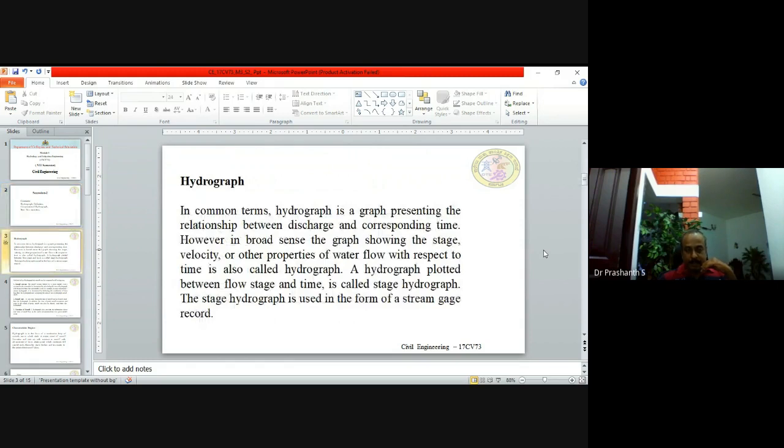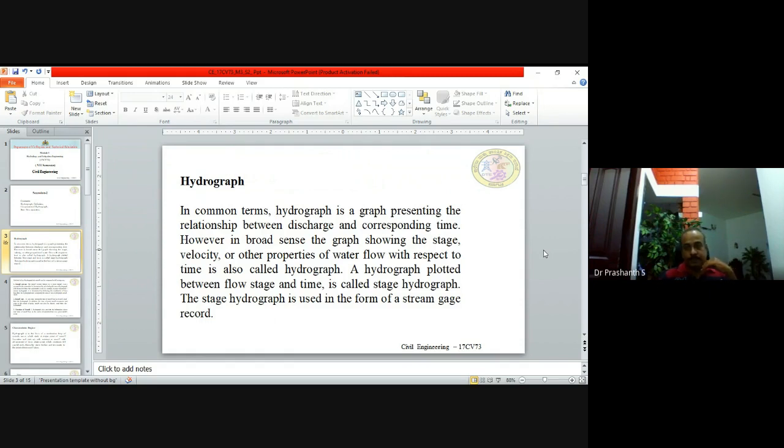Let's go back to the hydrograph. In common terms, a hydrograph is a graph presenting the relationship between the discharge and the time. However, in a broad sense, a graph showing the stage, velocity, or other properties of water flow with respect to time is also called a hydrograph.